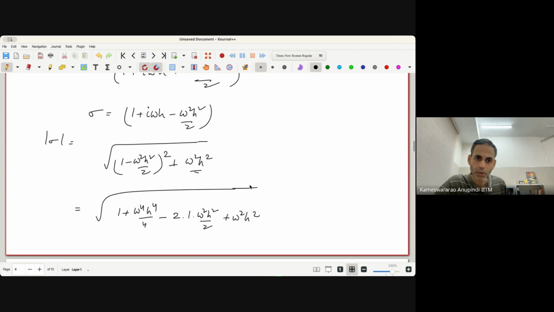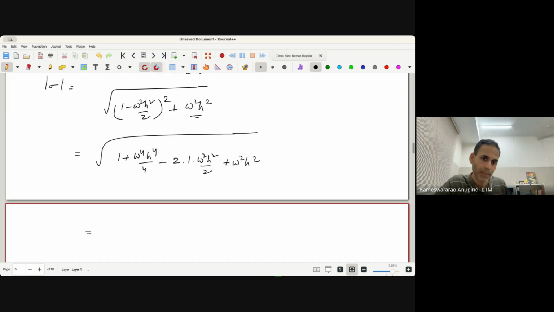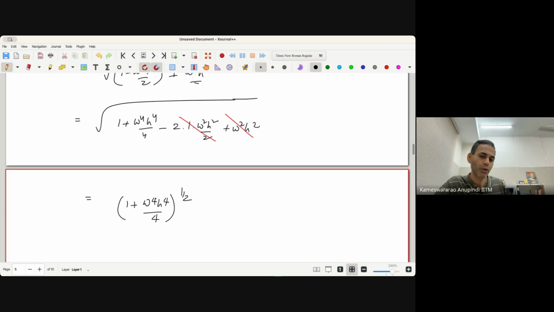So that is essentially 1 plus, minus 2 times omega square h square over 2, and this basically gets cancelled. So what we have is 1 plus omega power 4 h power 4 by 4, to the power 1 by 2.